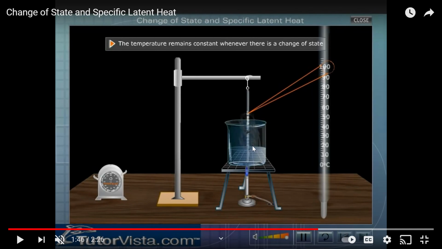Here the liquid water is getting converted into gas, but the temperature is constant. The temperature is not rising. So this means that the temperature remains constant whenever there is a change of state. The temperature will not rise. The thermometer, you see, will give the same reading.